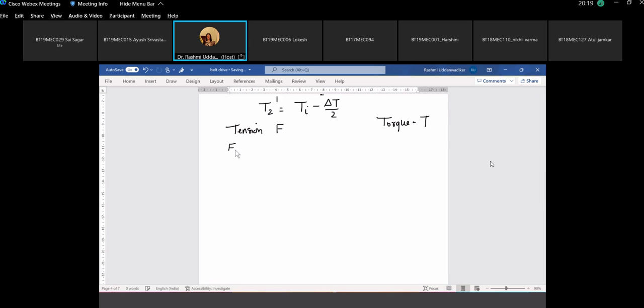Let Fi be my initial tension, and so the tension on the tight side gradually increases. This is F1 dash, which is Fi plus del F by 2. And F2 dash, the slack side tension, this is Fi minus del F by 2.